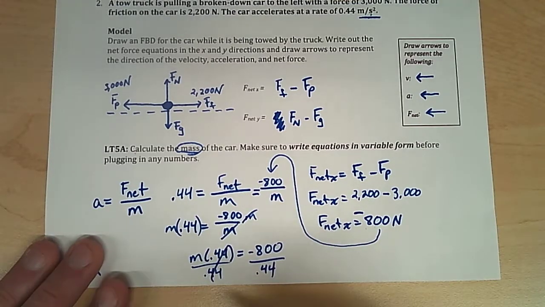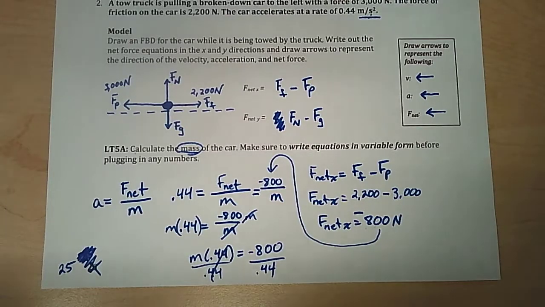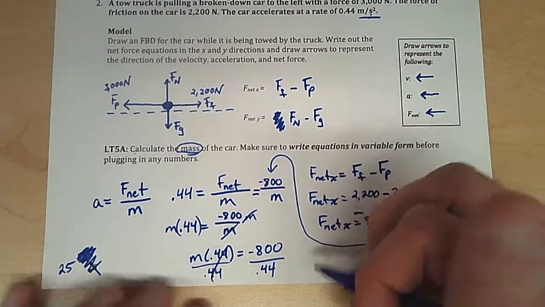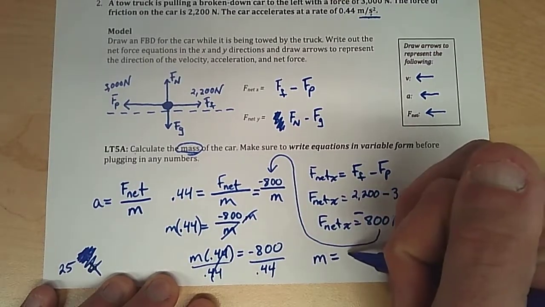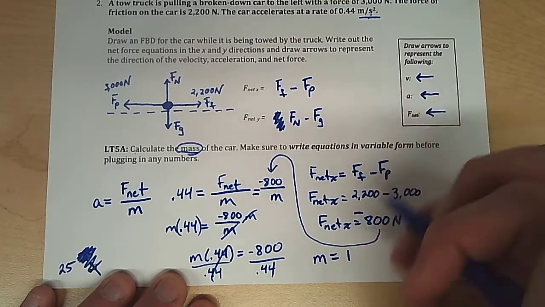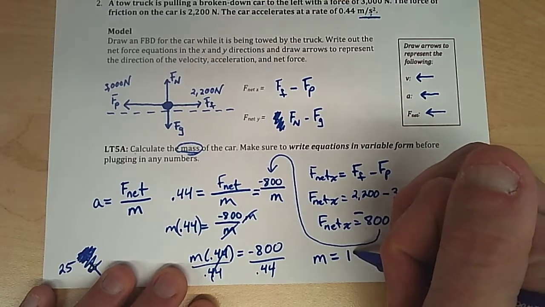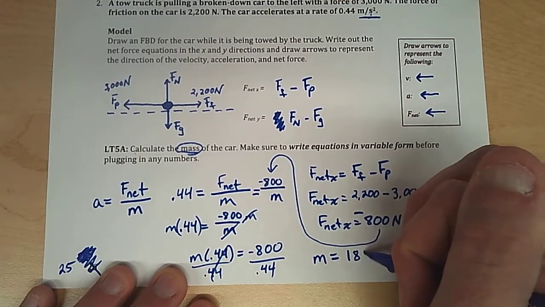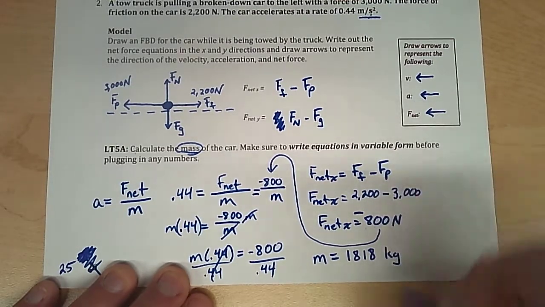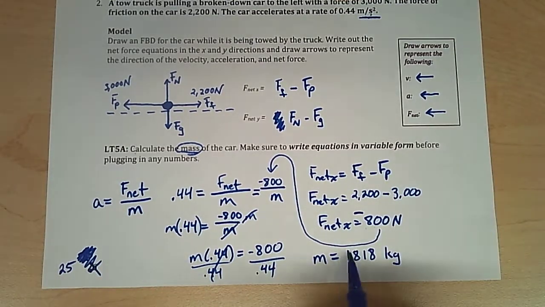So then it is negative 800 divided by 0.44, and you're going to get a mass of 1,818 kilograms.